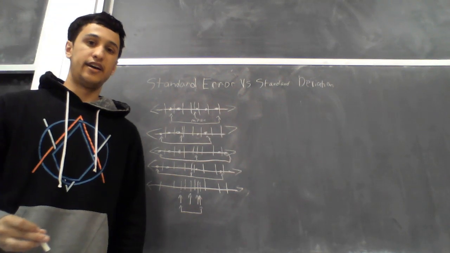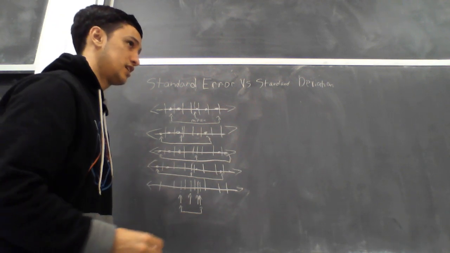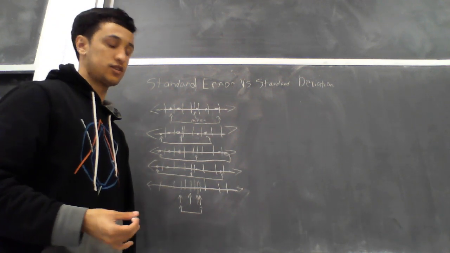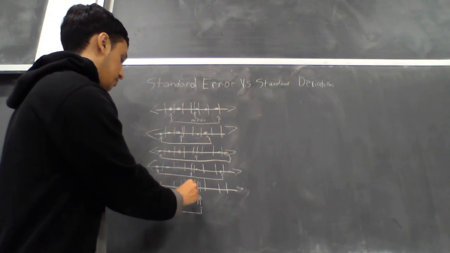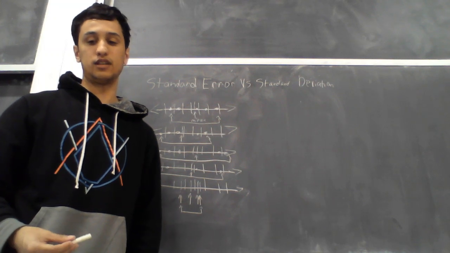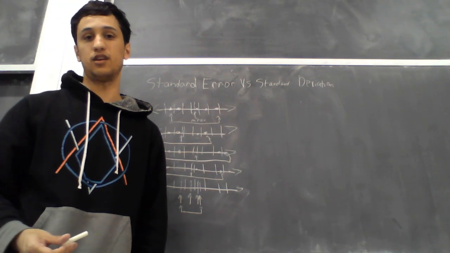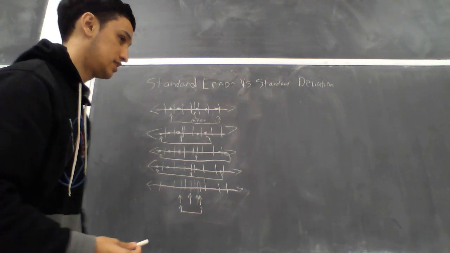Standard error gets smaller with increased sample size, because the more we increase our sample size, the more we're going to get centered around our population mean. And standard error is also an important thing for seeing our sampling bias.